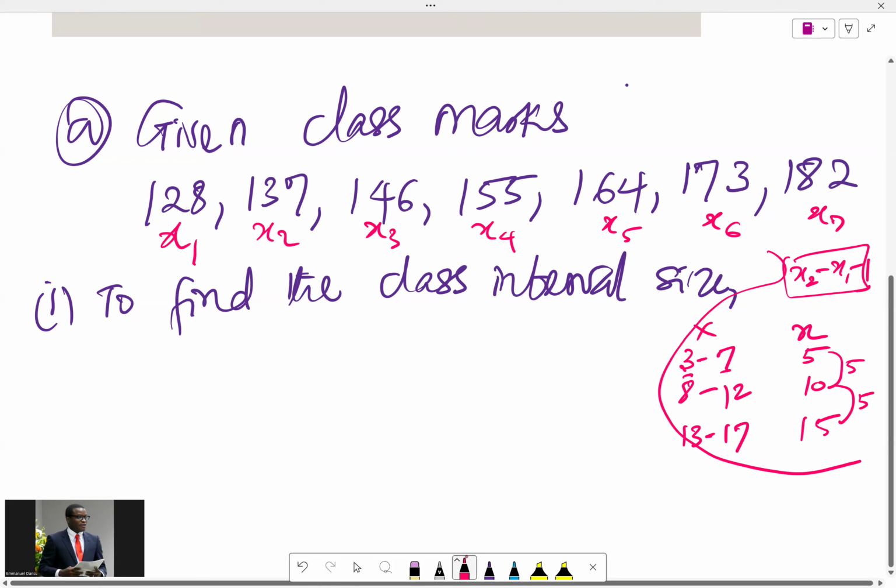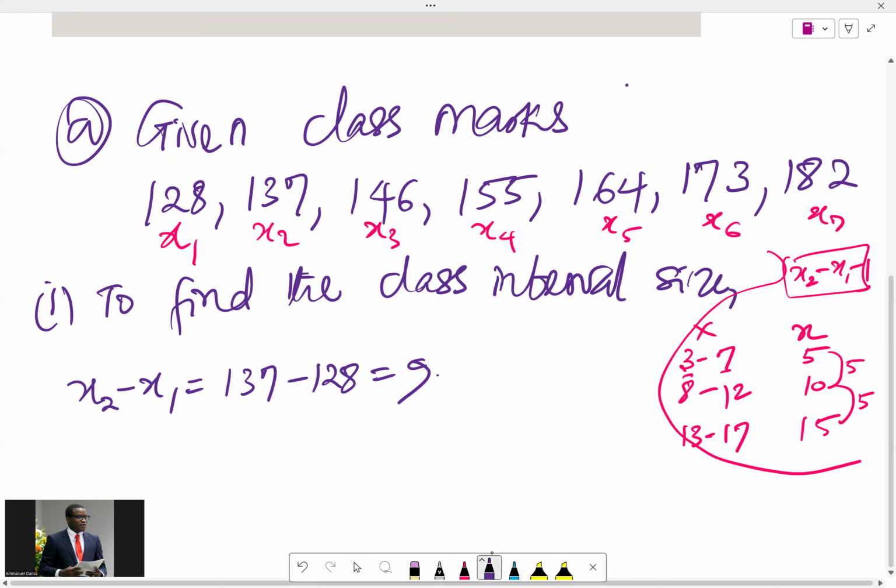You can already see that x2 minus x1 is equal to 137 minus 128, and that is equal to 9. The same is true for x3 minus x2 all the way down to x7 minus x6. It's 9 all the way.